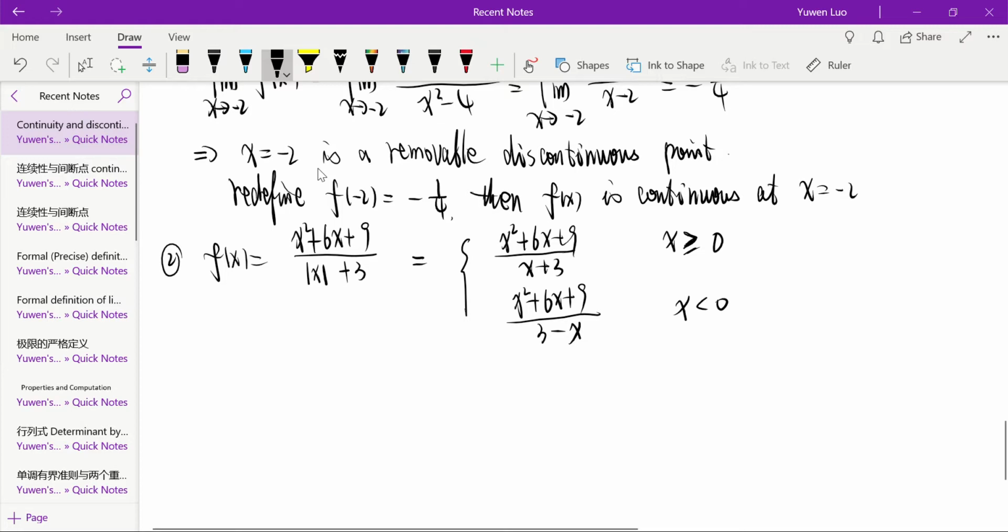For any other x, f(x) is continuous. So we just need to pay attention to x equals 0.